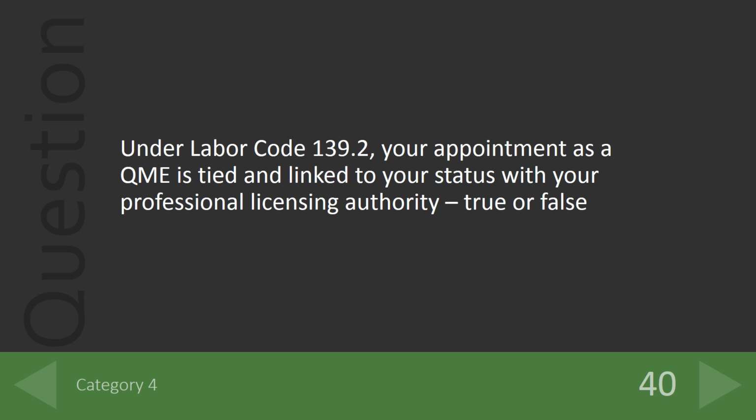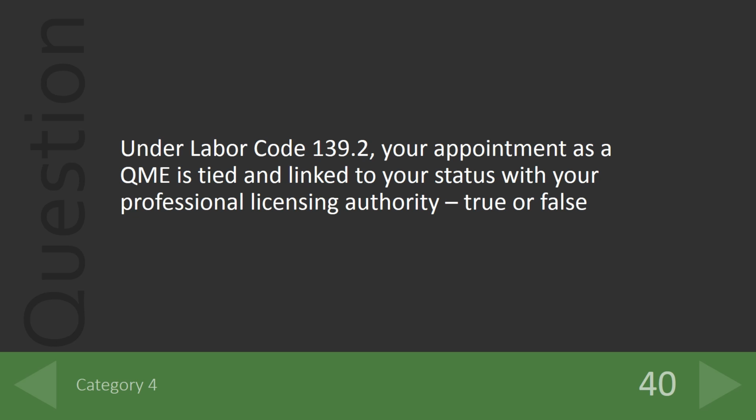True or false? Under Labor Code 139.2, your appointment as a QME is tied and linked to your status with your professional licensing authority. Now, in my case, I'm a chiropractor, so my professional licensing authority is the Board of Chiropractic Examiners.